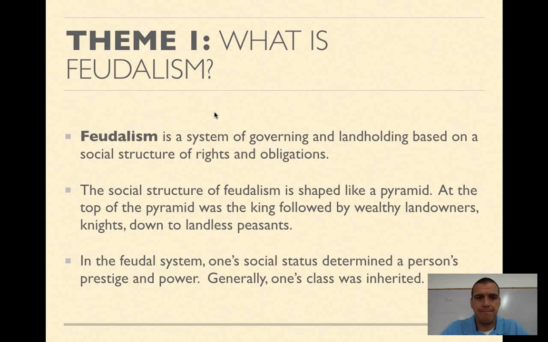But in the feudal system, you're familiar with this from the caste system, one's social status determined a person's prestige and power. And again, one's class was inherited. So if you were born into the peasant class, you were going to be a peasant. And this is not to say that you couldn't move up and down, but generally where you were born is where you stayed.